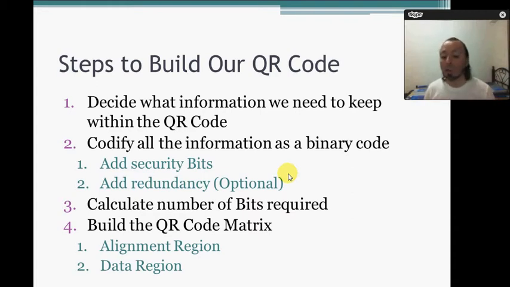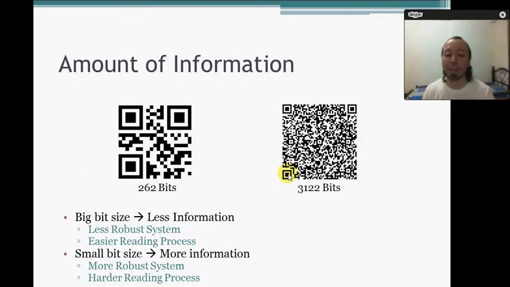Once we have done that, we can add security bits, as I said initially, and optionally we can add small bits for redundancy. Once we have this, we can calculate how many bits we need for our QR code system, and from there we can establish the bit size.